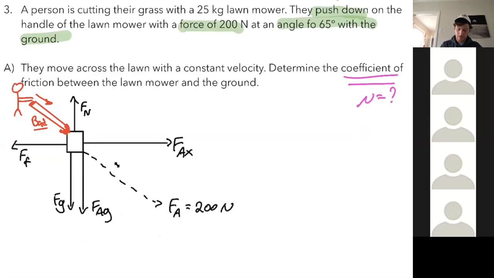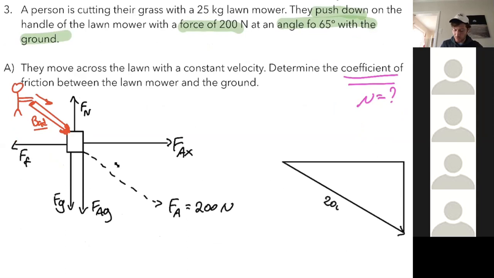So, couple things here. We should probably figure out what our force components are, because we know they're pushing with 200 newtons at 65 degrees with the ground. Here's the ground. There's our FAX, there's our FAY.